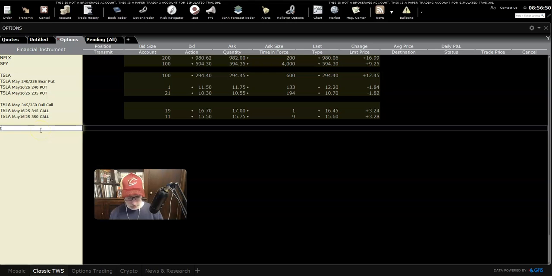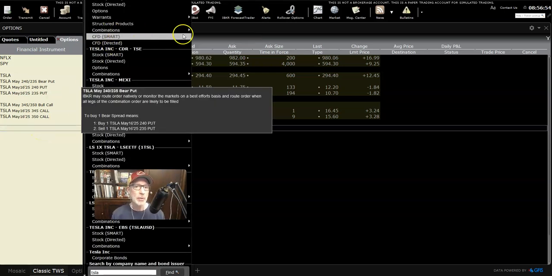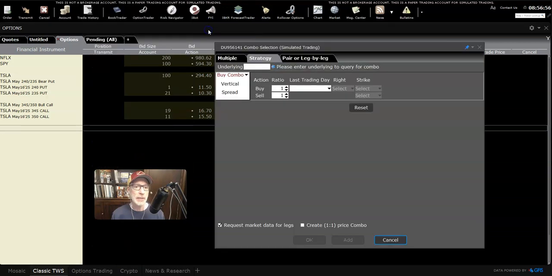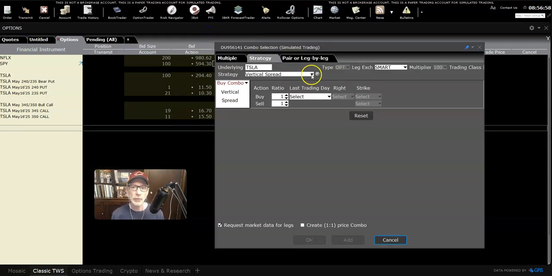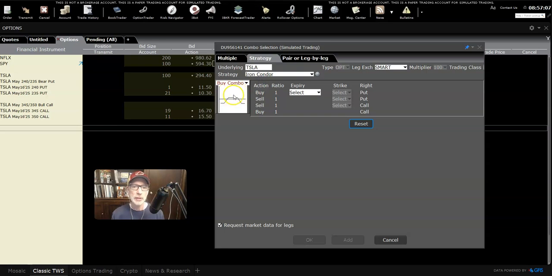So let's load that up here. Let me show you how to do that. Once again, combos, option combos. And in this case, we're going to do the drop down, and we're going to look for the iron condor. Okay, so here it is. Now it says buy combo. In this case, that's what you want, because you're going to sell the more expensive leg.